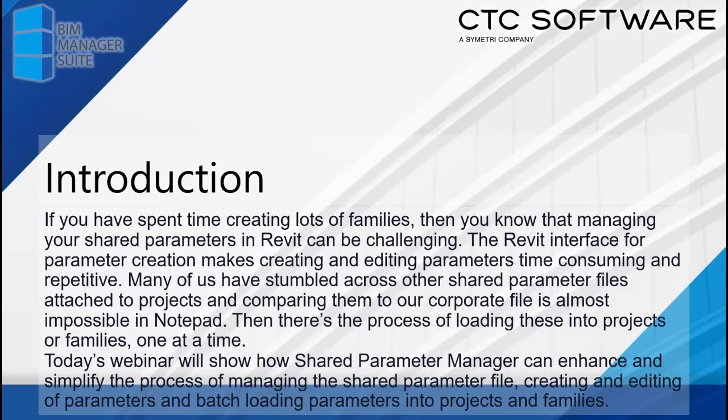It had its own set of shared parameters that were being used, and maybe you need to incorporate those somehow, or you want to see what they are, see if you've got anything that's similar, or if not, let's take advantage of it. We can do all of that inside of Shared Parameter Manager, and that's what we're going to talk about today: how can we do comparisons, how can we batch create or batch modify some things and get those changes into projects and/or families.